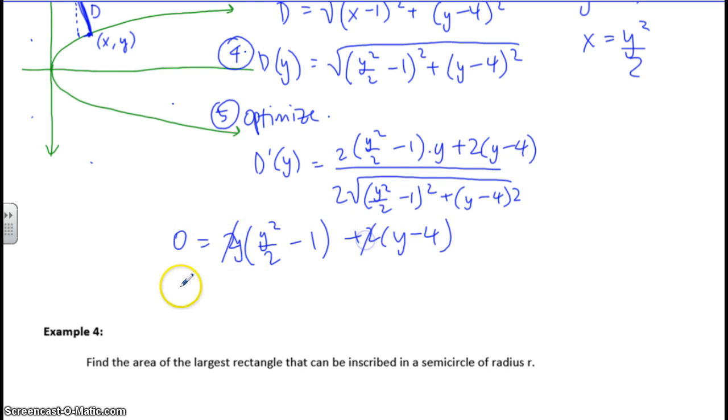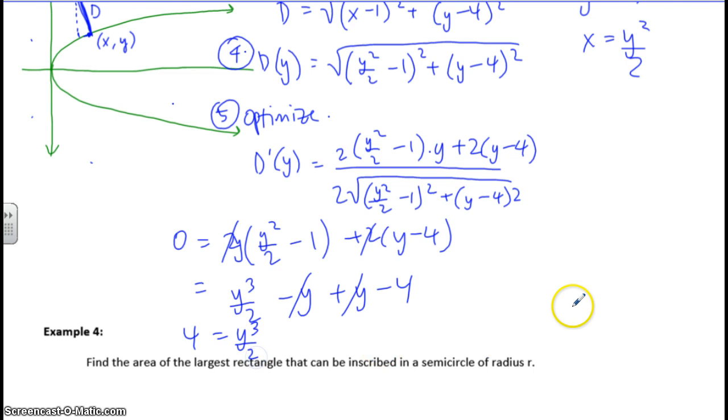Well, let's take this out and take a look. We have y cubed over 2 minus y plus y minus 4. Nicely done. 4 is equal to y cubed over 2. Y cubed will equal 8. Y will equal only positive 2.